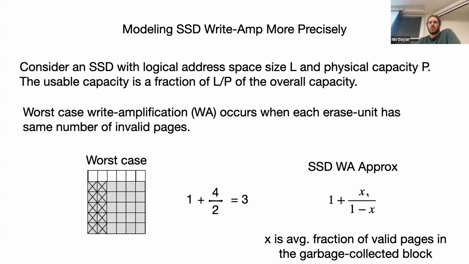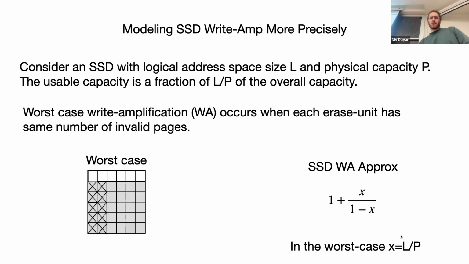Does that make sense? Okay. So now in the worst case, the fraction of live pages in each erase unit is just this. Because on average, the number of invalid pages in each block you're garbage collecting is equal to this, that describes the worst case where you don't have any good garbage collection victim to choose.